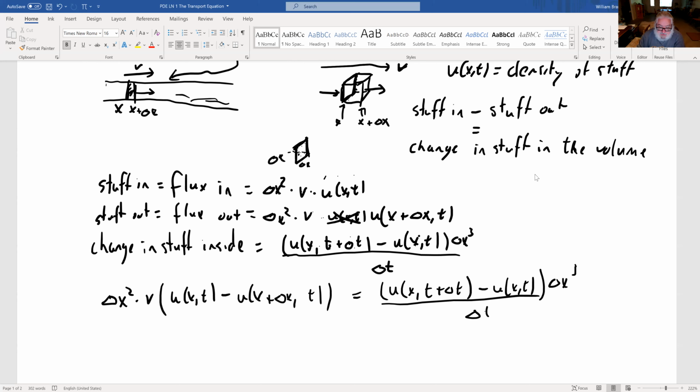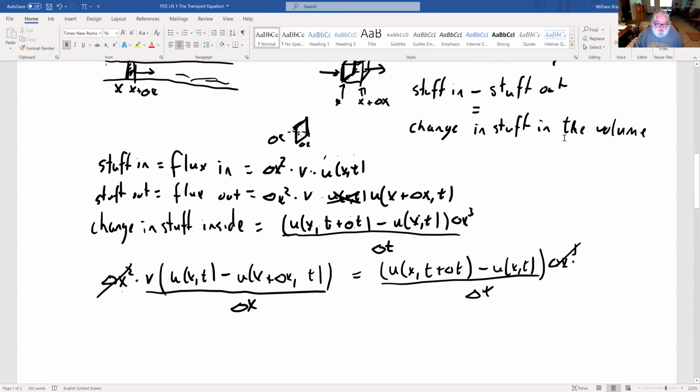So let's simplify this a little bit. This delta t stays here. We can cancel this out and cancel this out, but we have to divide by delta x, right? Because we have a delta x squared there, delta x cubed here. The delta x squared cancels two of the delta x's over here on the right side, but then the third one will divide by there.